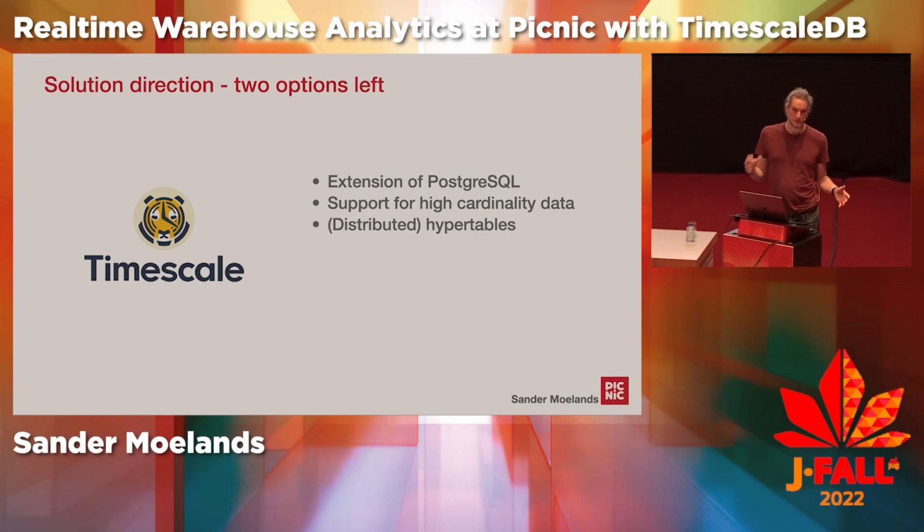What hypertables do is split up the data. You can say, please take this time series data set and split it up in chunks of 1 month, for example. That's the trick they apply: they don't have one huge table, but different chunks or shards in which they divide the data.